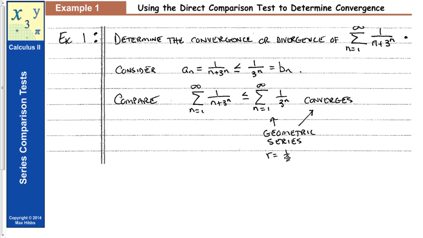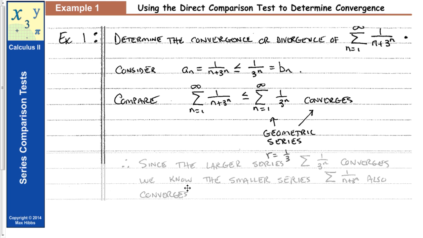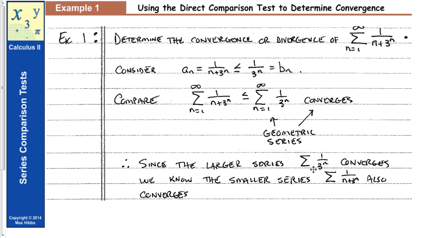If r is 1/3, then this series converges. So the larger series converges. How could the smaller series diverge? It couldn't, could it? So the larger series converges, and that tells us the smaller series must also converge based on the direct comparison test. So coming up with a comparison can be quite tricky, as you see here.